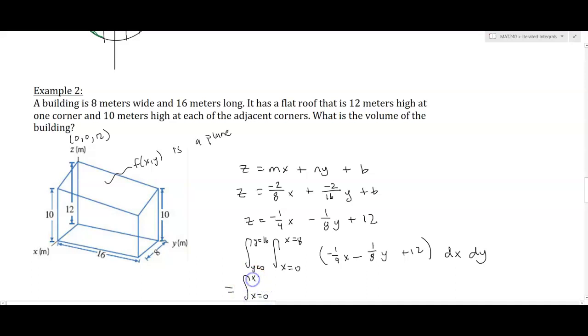I do not need to worry about changing the boundaries because it is a rectangular region. So y equals 0 to y equals 16 of this function, negative 1/4 x minus 1/8 y plus 12, and this will be dy dx.